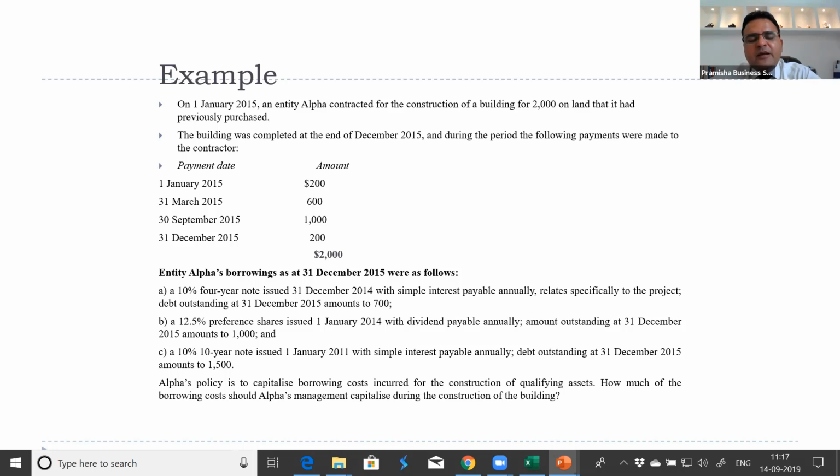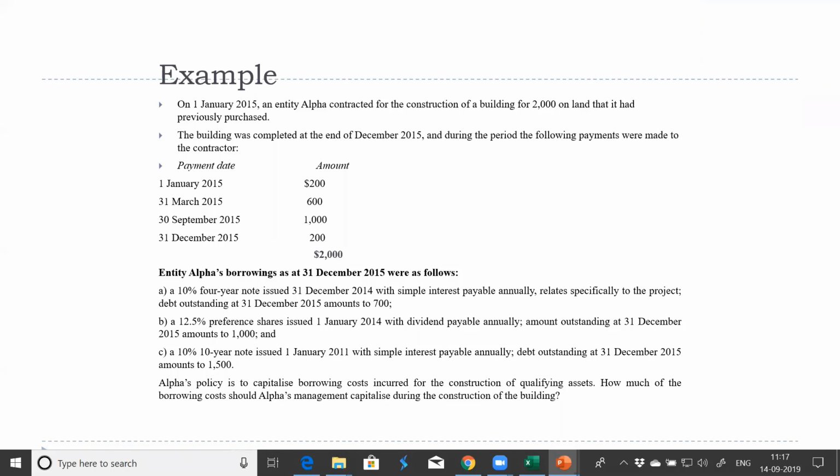Another thing is that if you temporarily invest, suppose you borrowed 700 temporarily. You have borrowed 700, but you do not need all of it. Out of 700, you used only 200 on 1st January, and then you needed 600 on 31st March. So you can temporarily invest the rest for 3 months. 200 you used on day 1. You may also do so that 500 you invest temporarily, because you'll need it on 31st March, and you'll get your money back.